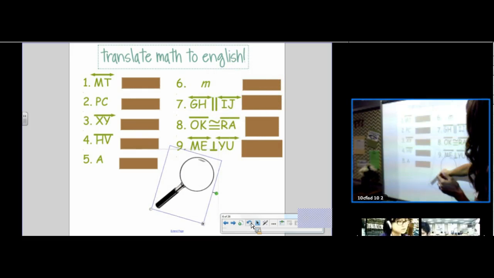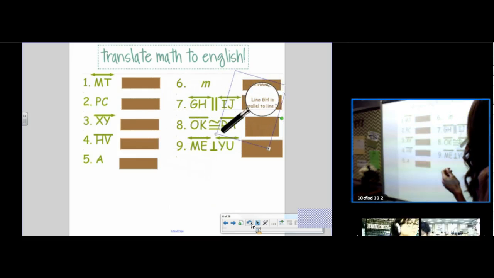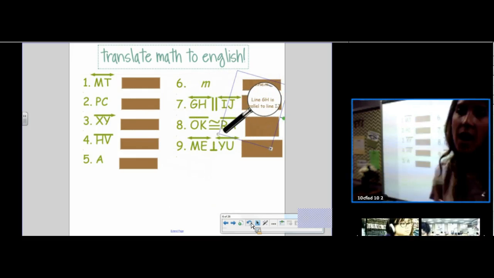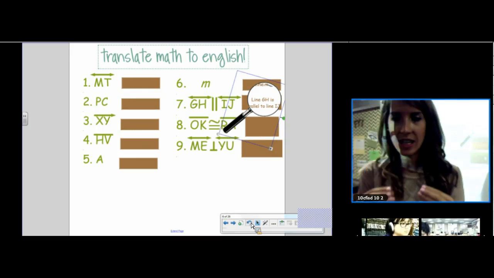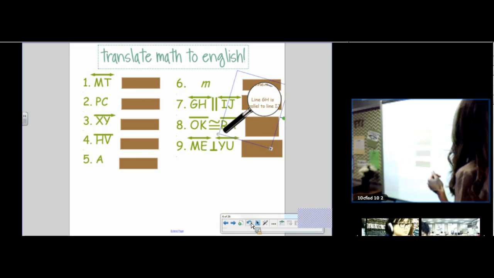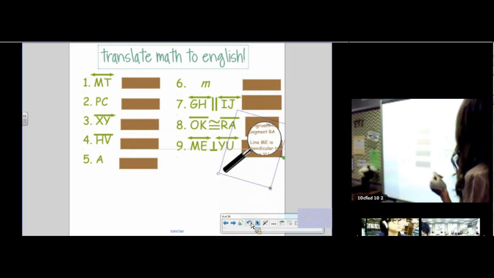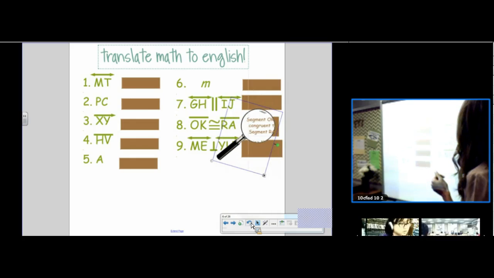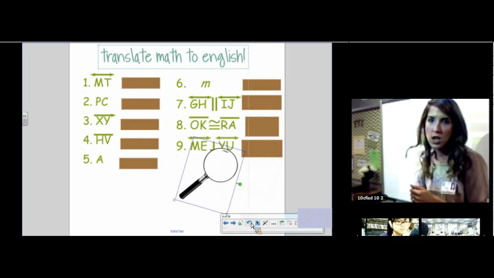That's a longer one. Line GH is parallel to line IJ. So you want to be specific and precise when you say that. Next one. Segment OK is congruent to segment RA. And last one. Line ME is perpendicular to line YU.